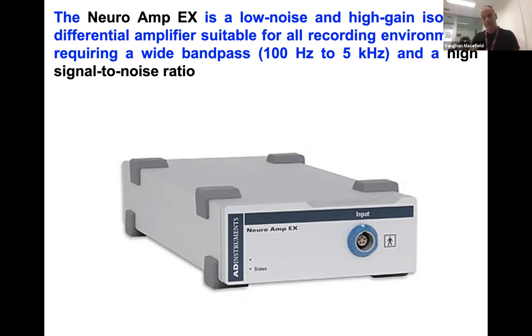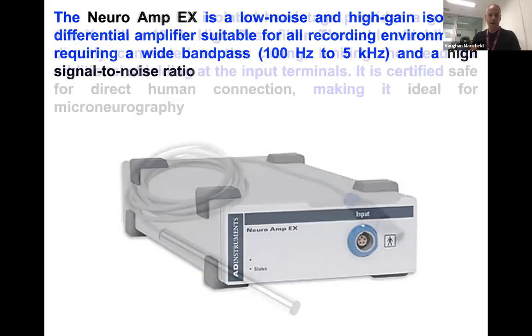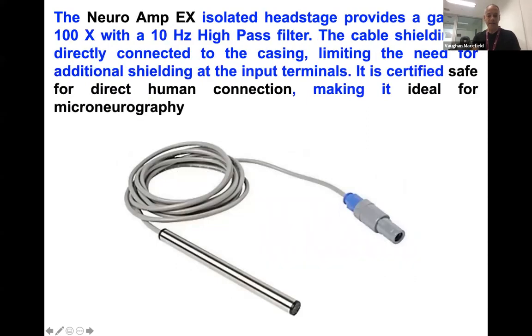So it's got a very wide band pass, very high signal to noise ratio. And because we're recording from very small nerve signals, they had to be amplified 20,000 times. There is this head stage, which is connected to the front end, the NeuroAmp-X.